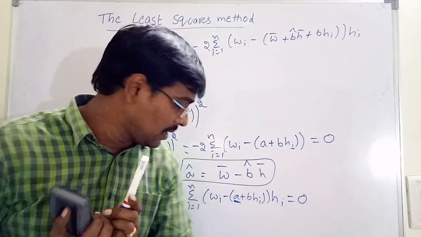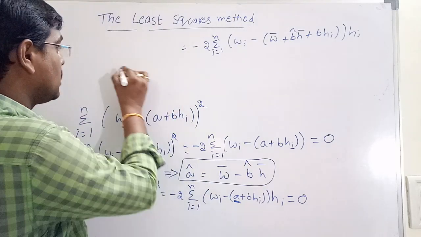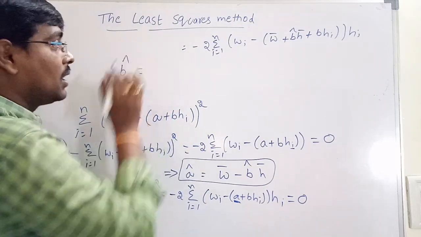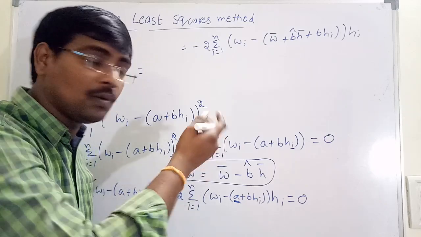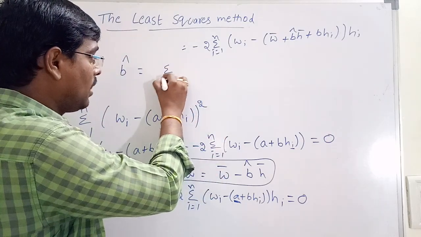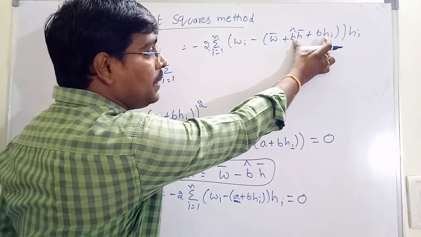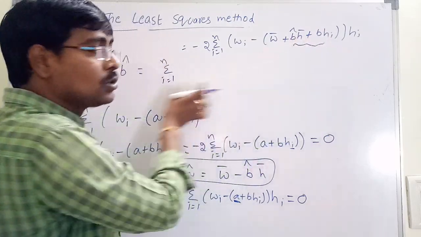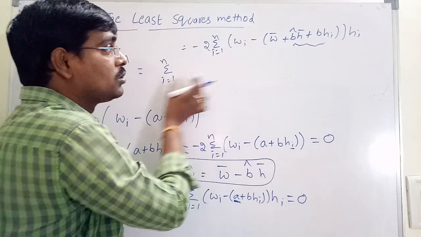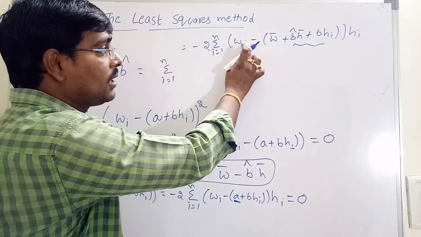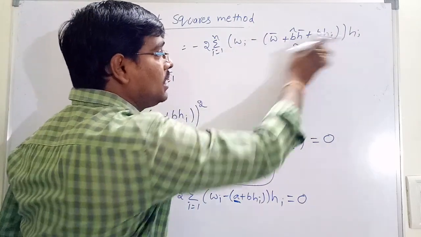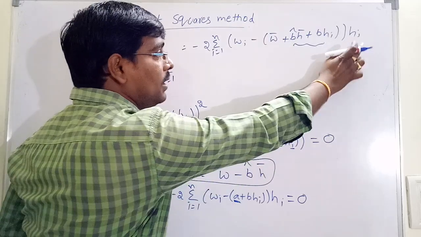So what is our required answer? Our required answer is B cap. The entire B term moves to the right side. Here the term we are getting is Wi Hi minus W bar Hi.